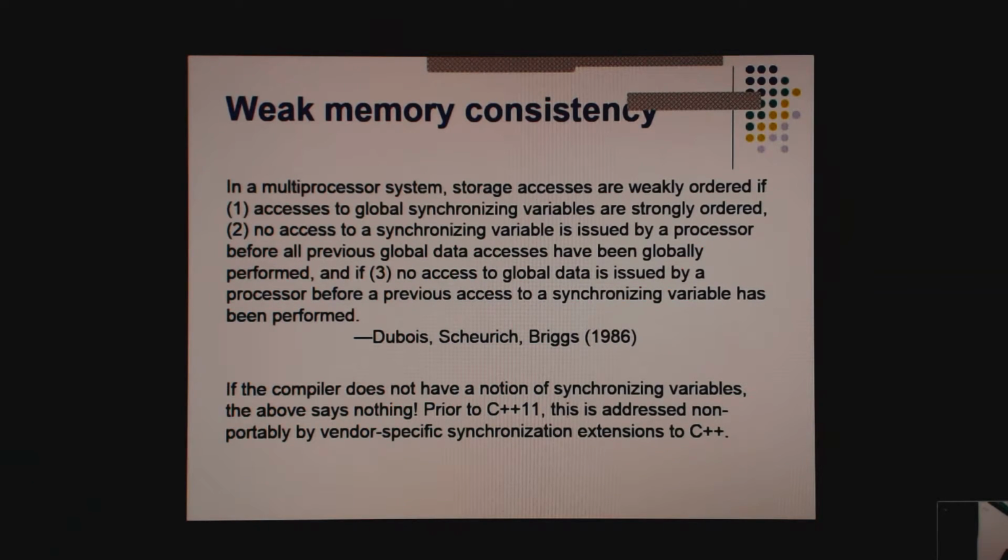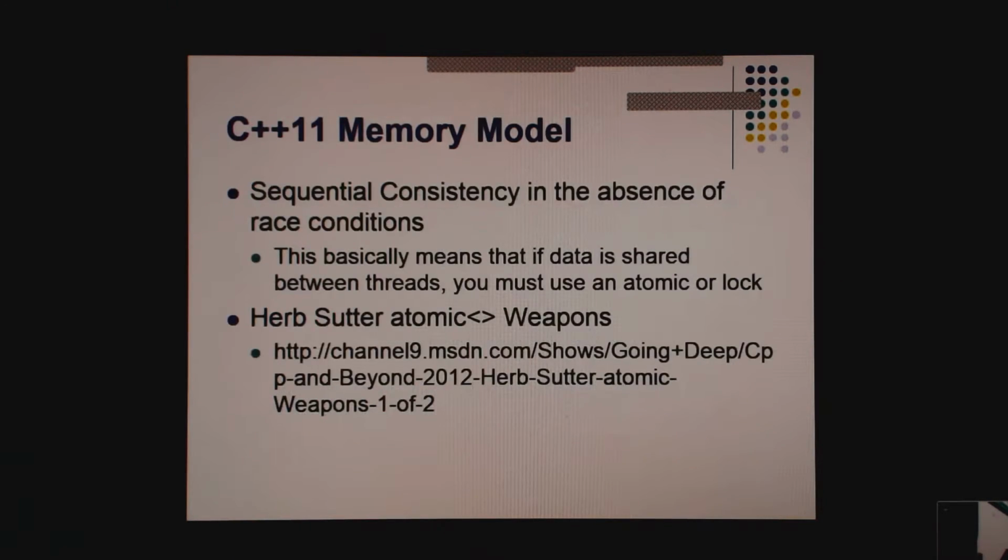Okay? So if the language doesn't have a notion of synchronizing memory, it's very difficult to use any kind of memory shared between threads. Typically, this was addressed non-portably by vendor-specific synchronization extensions to C++. Okay.